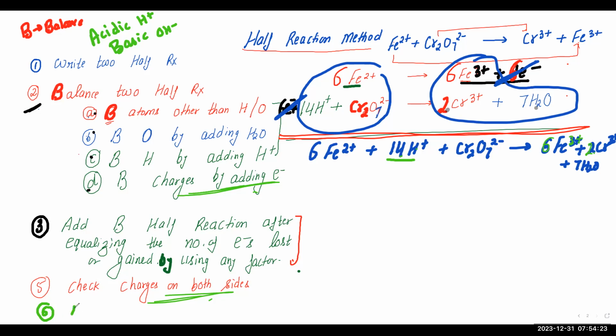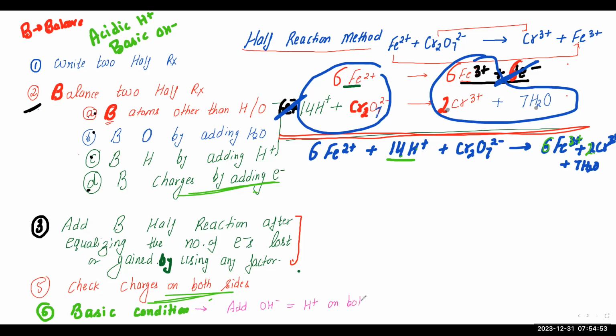If they say balance the equation in basic condition, then how you're going to do it? Add OH minus equal to H plus on both sides.